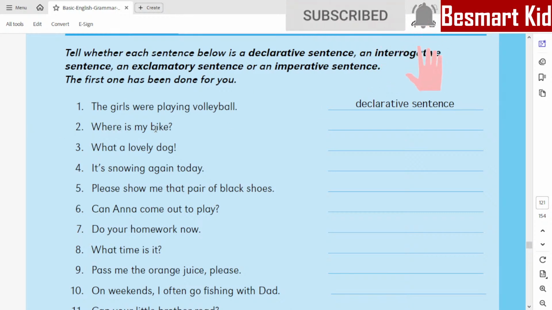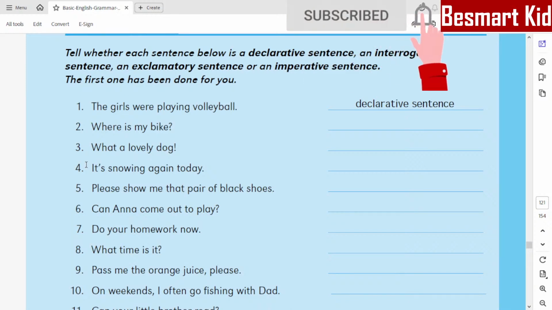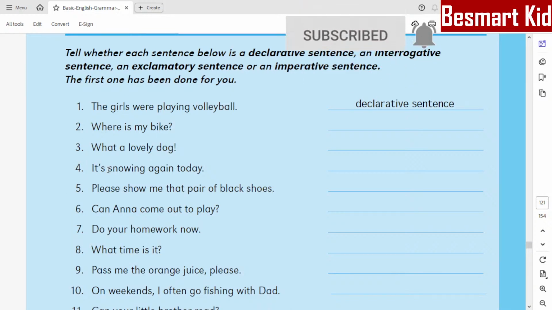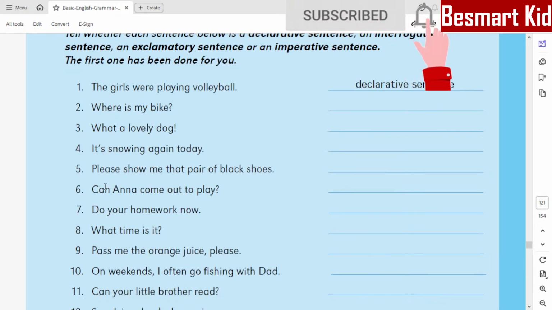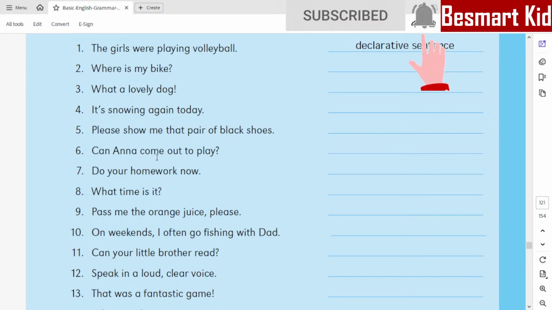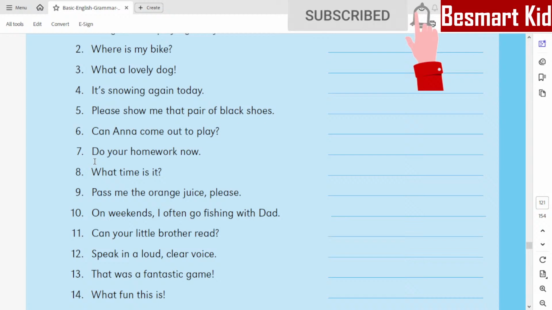Second, where's my bike? Third, what a lovely dog! Fourth, it is snowing again today. Fifth, please show me that pair of black shoes. Sixth, can Anna come out to play? Seventh, do your homework now.